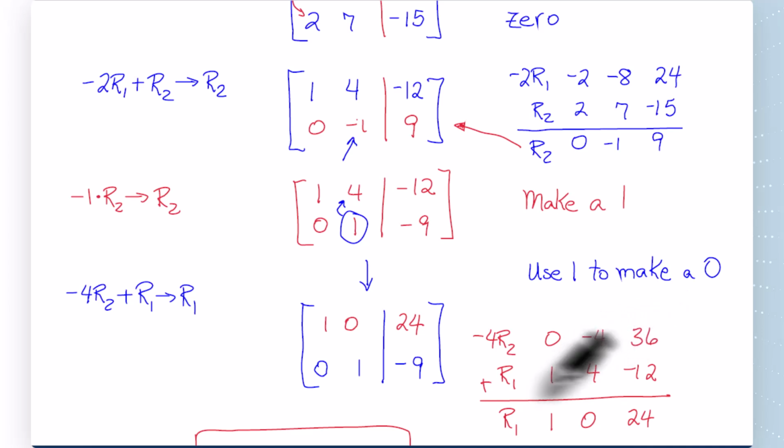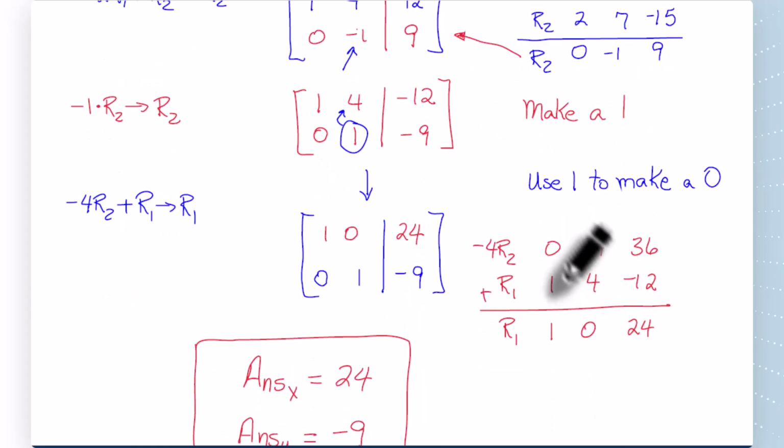I'm going to add row 1. Let's see what happens. I get 1, 0. 36 minus 12 is 24. And so that's what I get. I get a 1, 0, 1, 0. Therefore, the answer for x is 24, and the answer for y is minus 9.